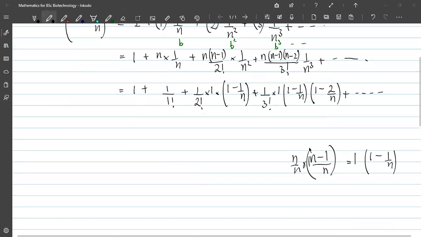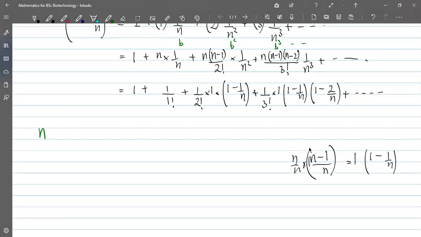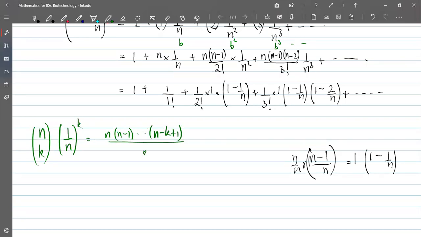Still, if you can write the general term over here, that will be this nck, a to the power n minus k, that's 1, and b to the power k, that is 1 upon n to the power of k. So this nck is n, n minus 1, etc., n minus k plus 1 upon k factorial, and then you have 1 by n to the power k.